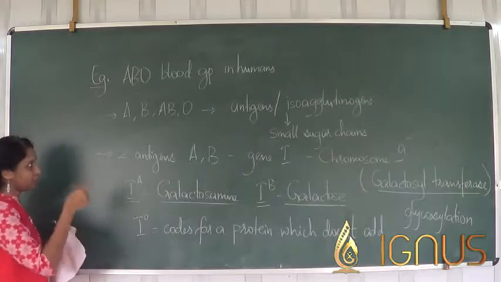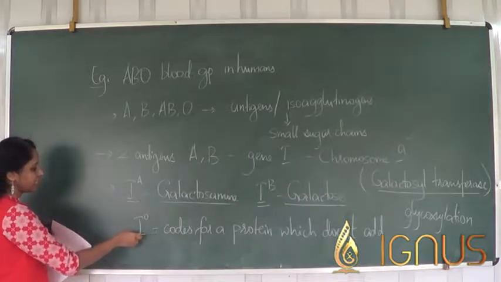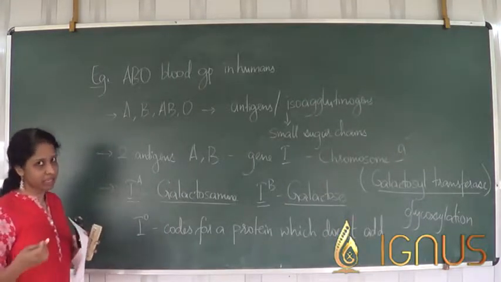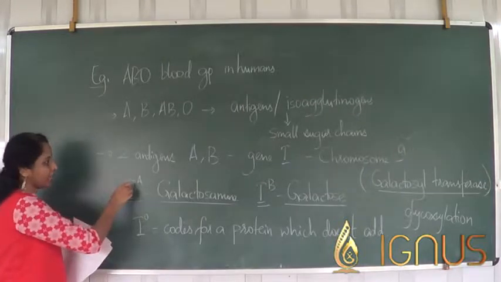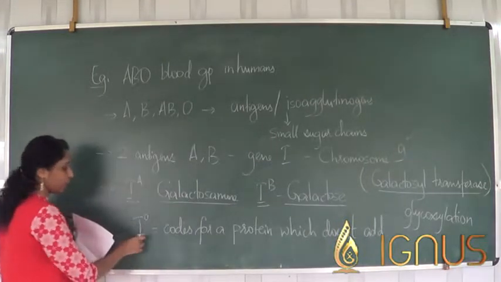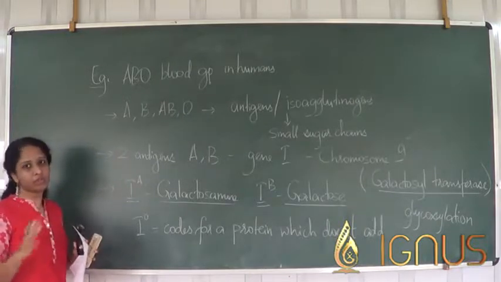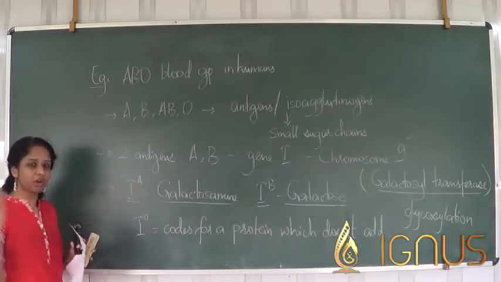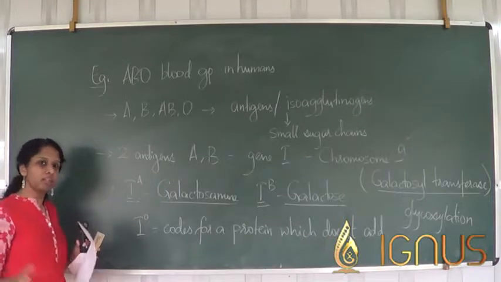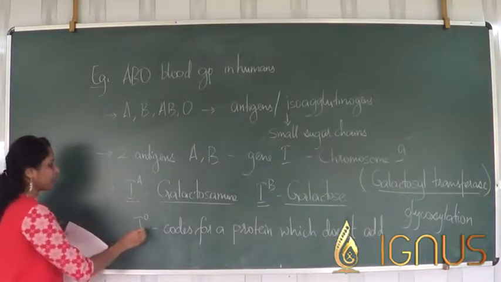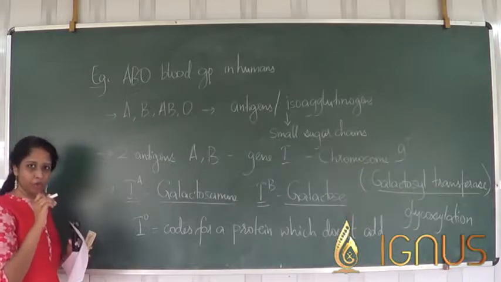In case of blood group O, the person has the gene IO getting expressed. They don't have IA or IB, it's just IO. Then it is going to code for a protein, like I said before, which is not going to transfer the sugar molecule onto the protein on the surface of the RBC, and therefore they will have the blood group O.